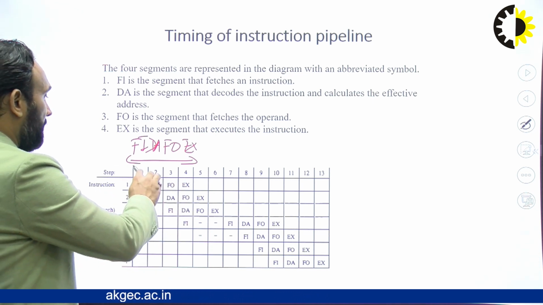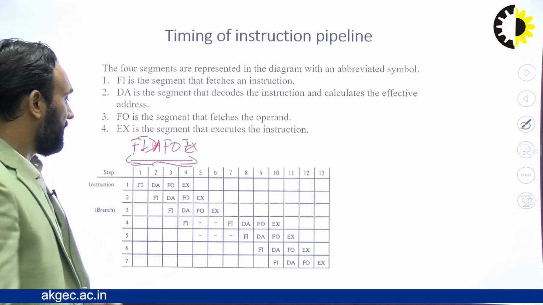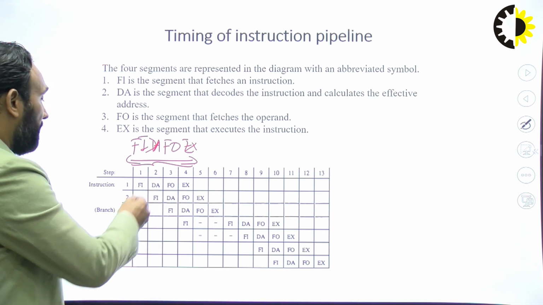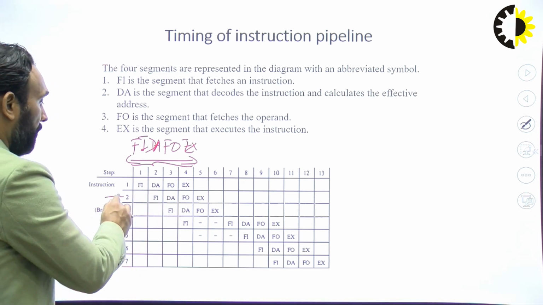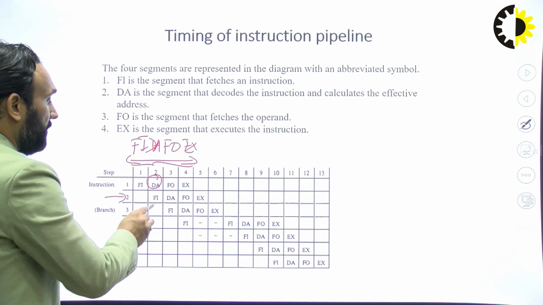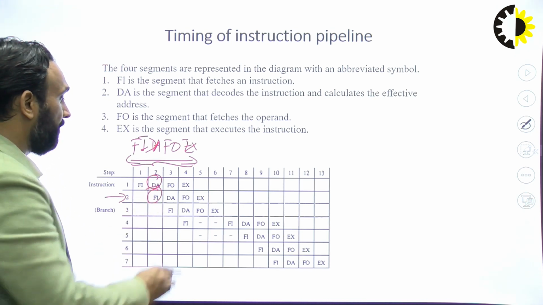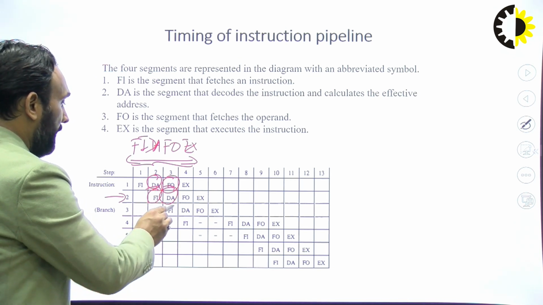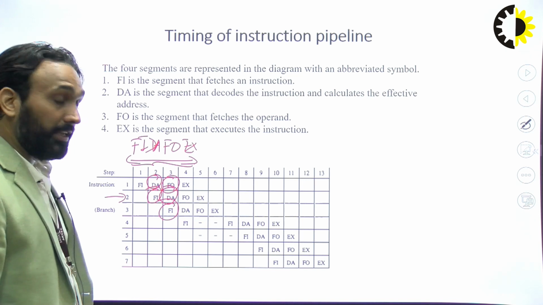So if an instruction is divided into 4 stages or 4 parts, the first instruction will take this. After that, the second one is uploaded. When the first instruction is decoded, the second one is fetched. When the first one is fetched, the second one is decoded, and the third one is fetched.